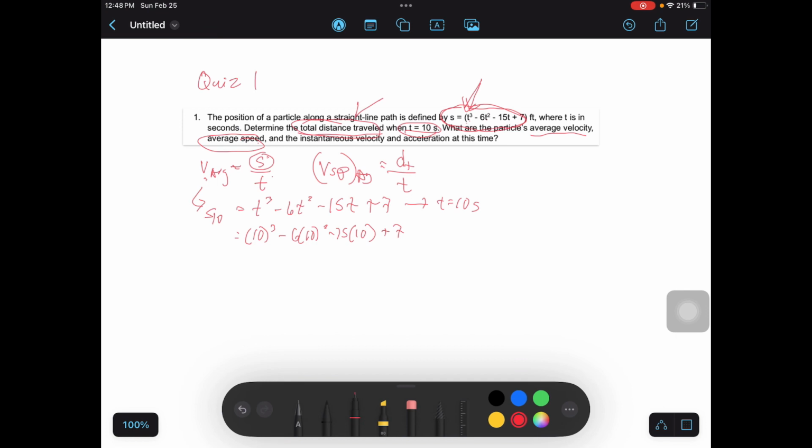So, ang makukuha nyo dito ay 257 feet. That is displacement sa time na 10 seconds. Pero, ano ibig sabihin ng 257?